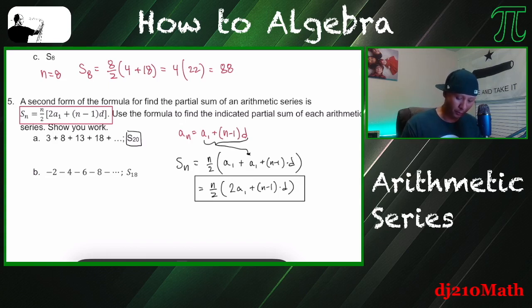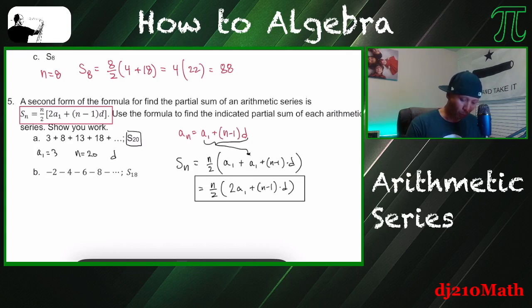So what do we need to know? We need to know the first term, a sub 1, which is 3. We need to know that n is equal to 20 because we want to add up the first 20. And then the common difference.